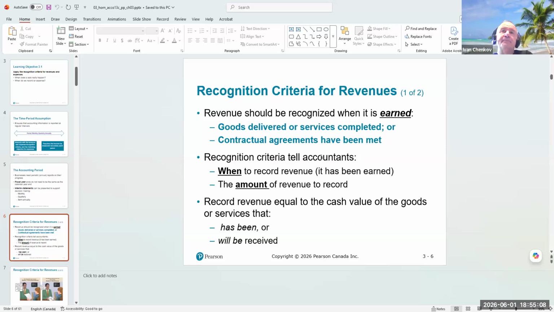So let's think about it a little bit. Have you ever ordered pizza online? Did anyone of you ever order pizza online?